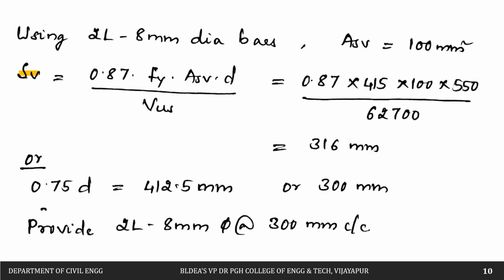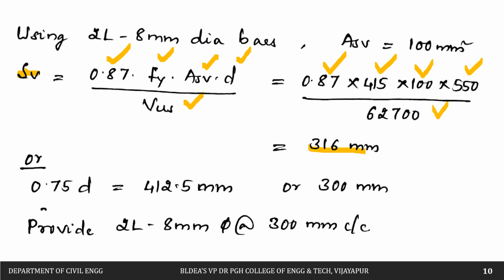Then next is the spacing Sv, which will be equal to 0.87 fy Asv d divided by Vus. Already all these formulas we have covered, so it is just repetition for us. 0.87 fy, fy is 415, Asv is 100, multiplied by d is 550, divided by Vus, that is 62,700.